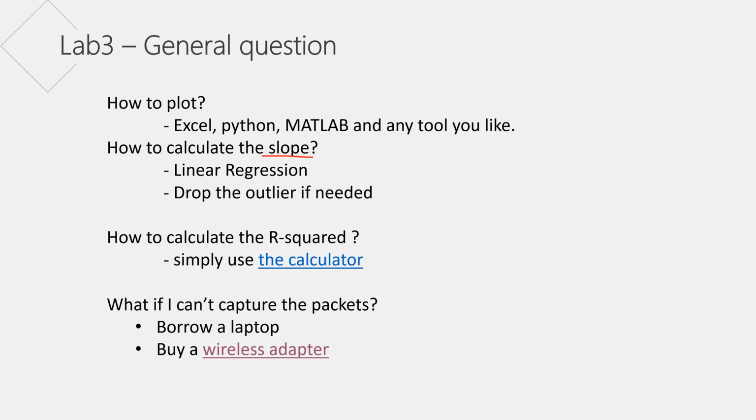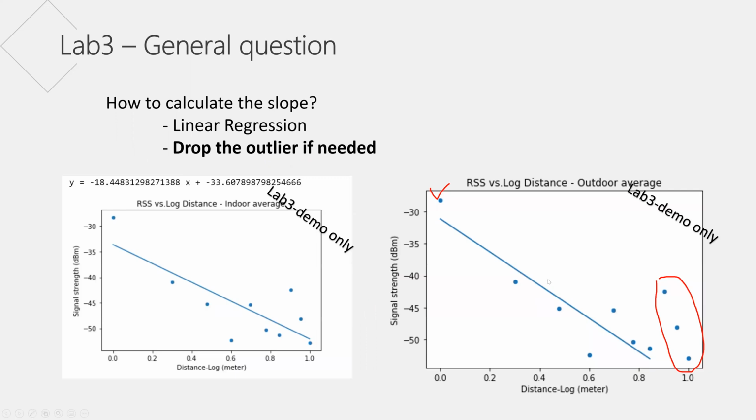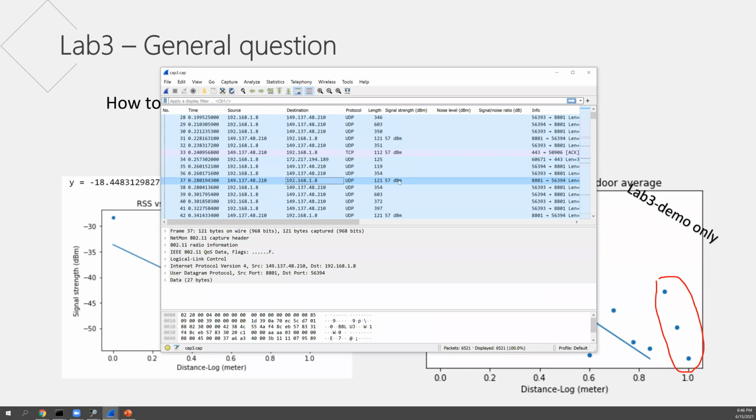Why are the signal strengths you show all positive in dBm? The Wireshark traces are all negative. They should be negative. Yeah, you show them as positive. Zoom in here.